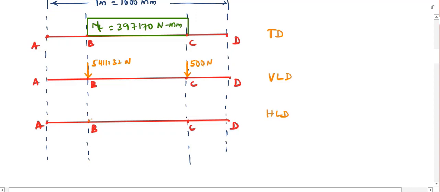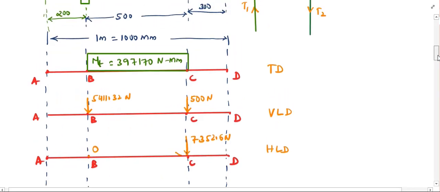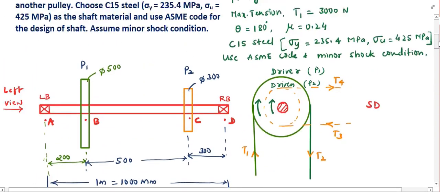At pulley B, the net horizontal force will be 0, but at pulley C, the net horizontal force is 7,352.6 newtons. As you can see here, all the forces are towards the shaft.